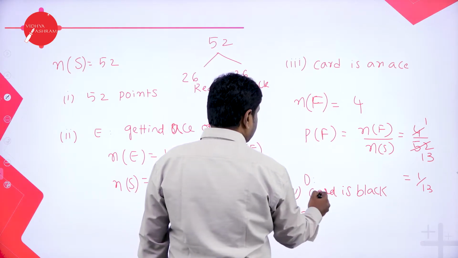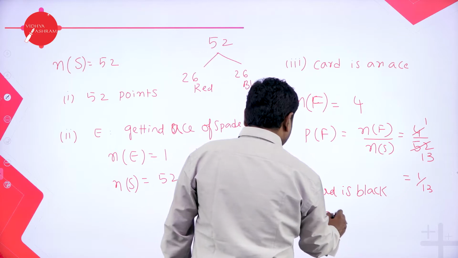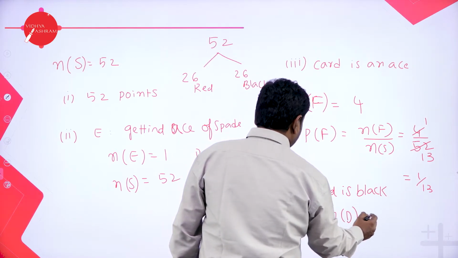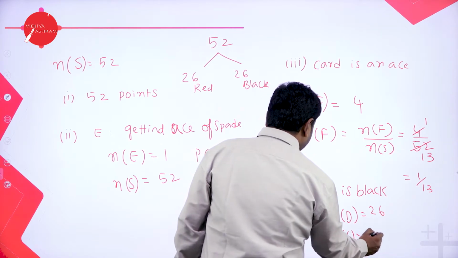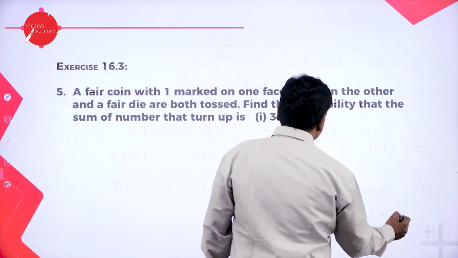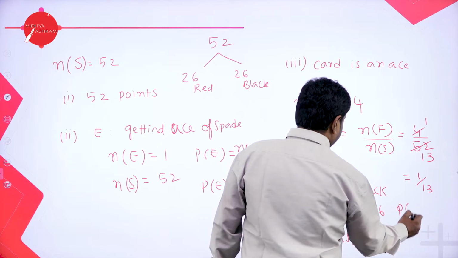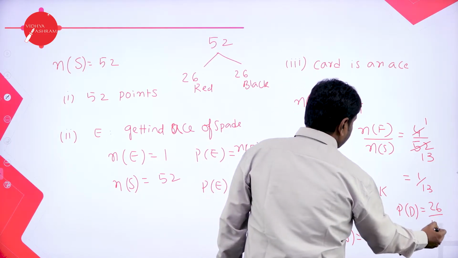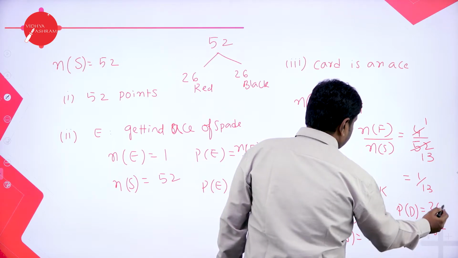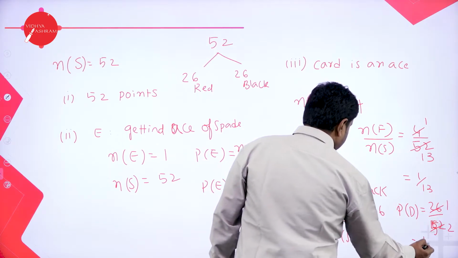Event D, the card is black. The number of elements in D is 26, and the number of elements in the sample space is 52. So the probability P of D, the card is black, is 26 by 52, that is 1 by 2. So 1 by 2 is the answer.